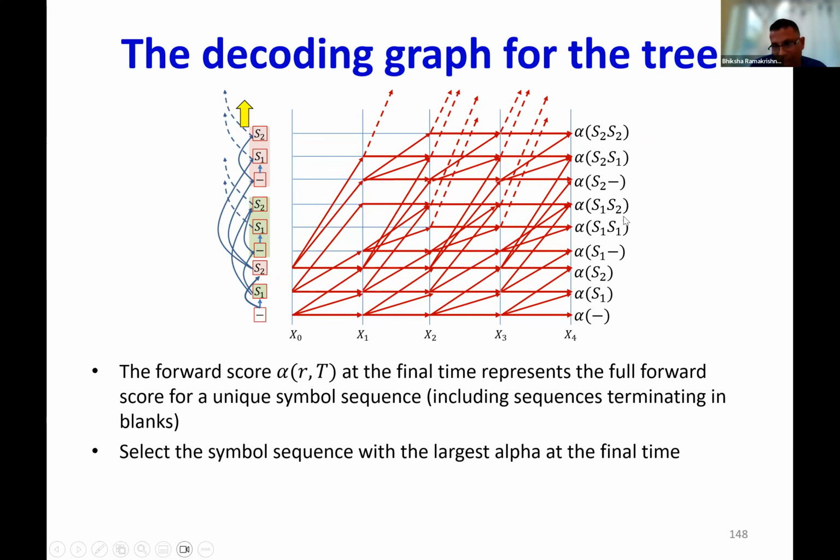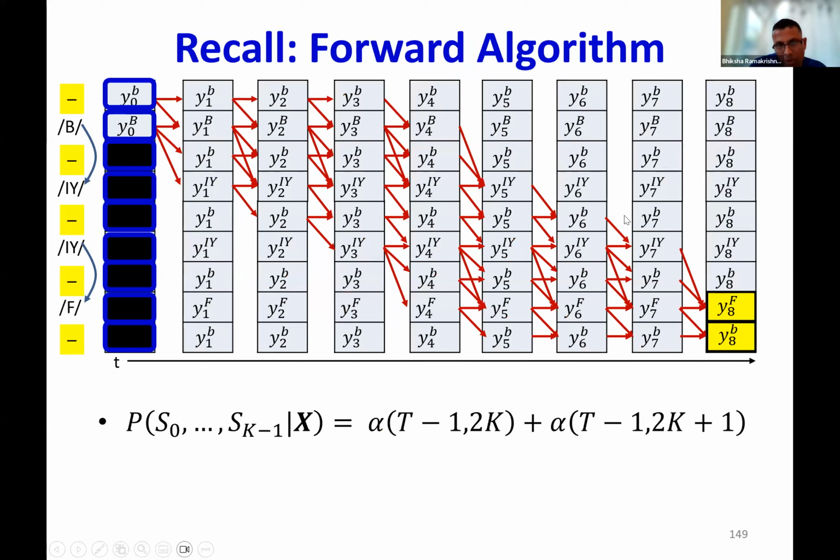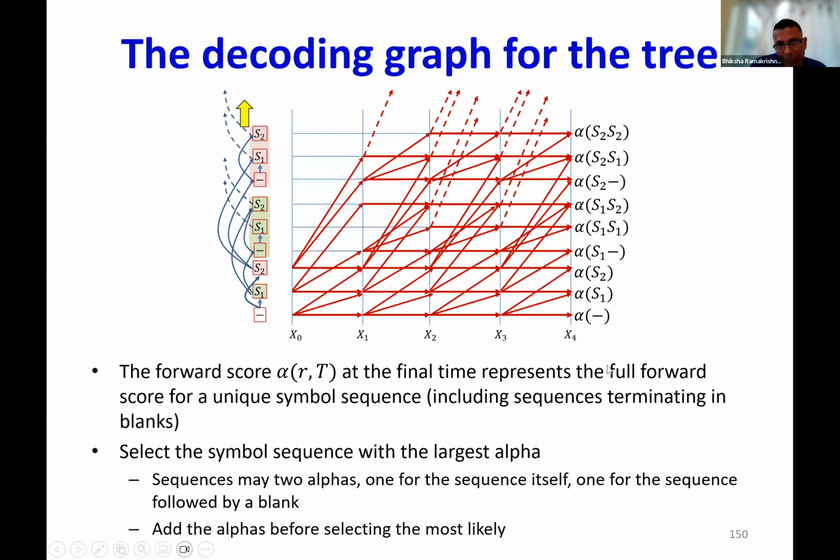So the problem basically reduces to computing the forward algorithm on this graph. And then when you run out of inputs, you pick the symbol sequence with the largest alpha. Make sense?